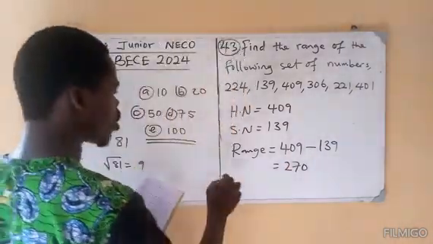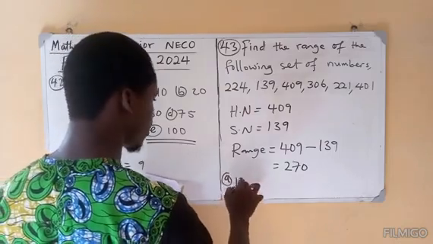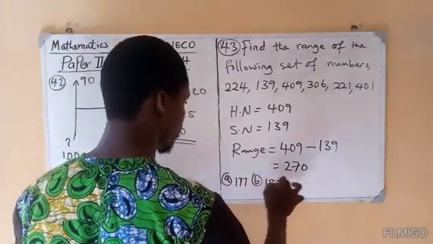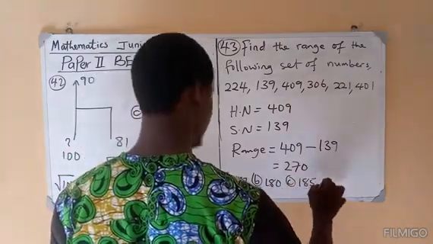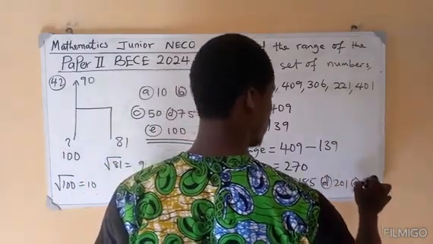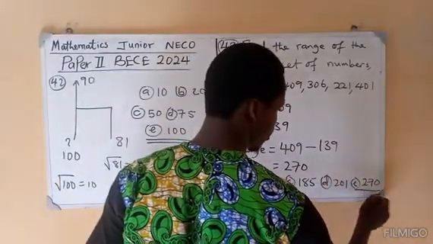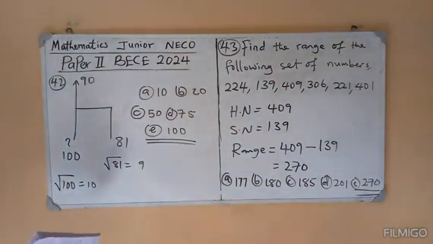So now let's check the options. The options are A, 177, B, 180, C, 185, D, 201, and E, 270. So you can see option E is the correct answer.